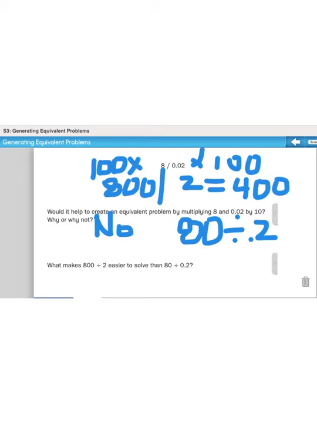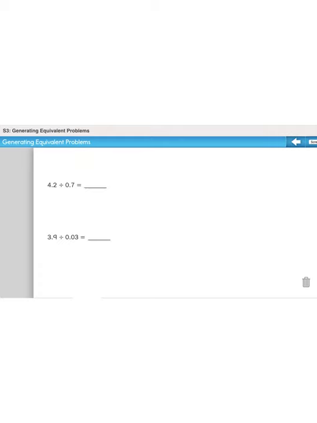So what makes 800 divided by 2 easier to solve than 80 divided by 2/10? 800 divided by 2 has a whole number divisor. It is an extended division fact. The point is to create equivalent problems with whole number divisors so that you can apply the division strategies that you already know how to do.